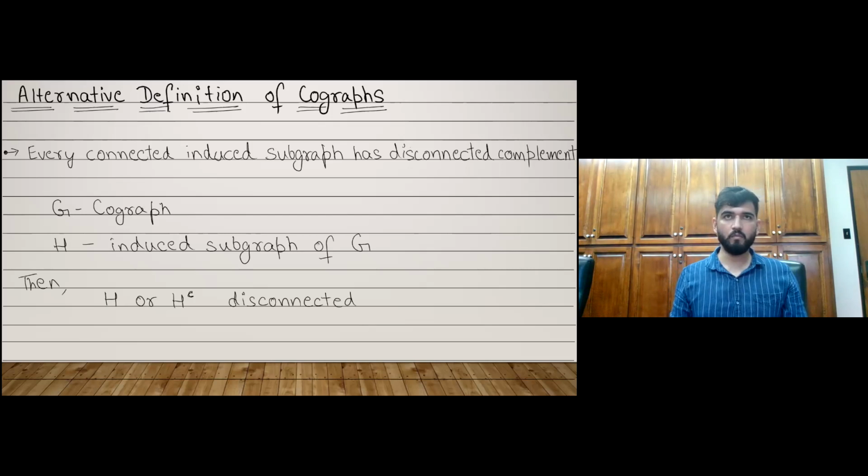Now, the natural question is, does this definition generalize to two-cographs? In other words, can I go ahead and replace this G with two-cograph and add two-connectivity instead of connectivity here?